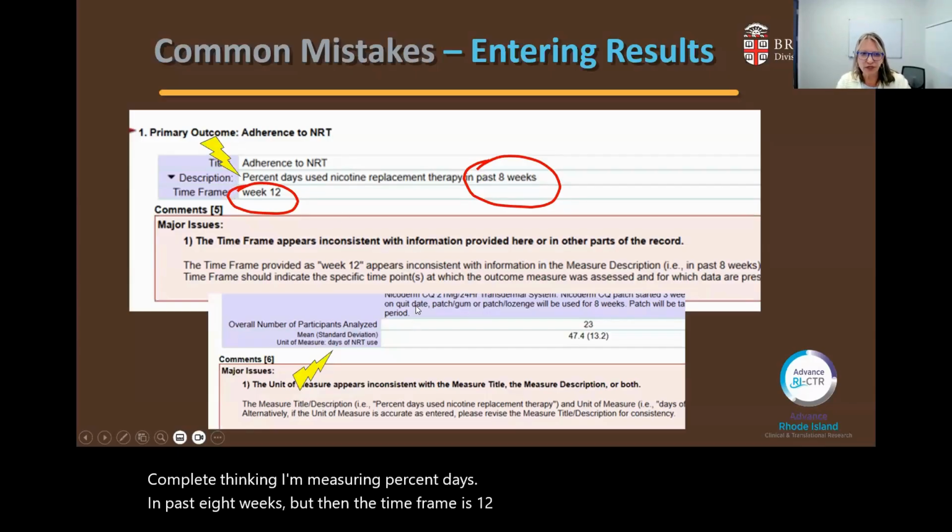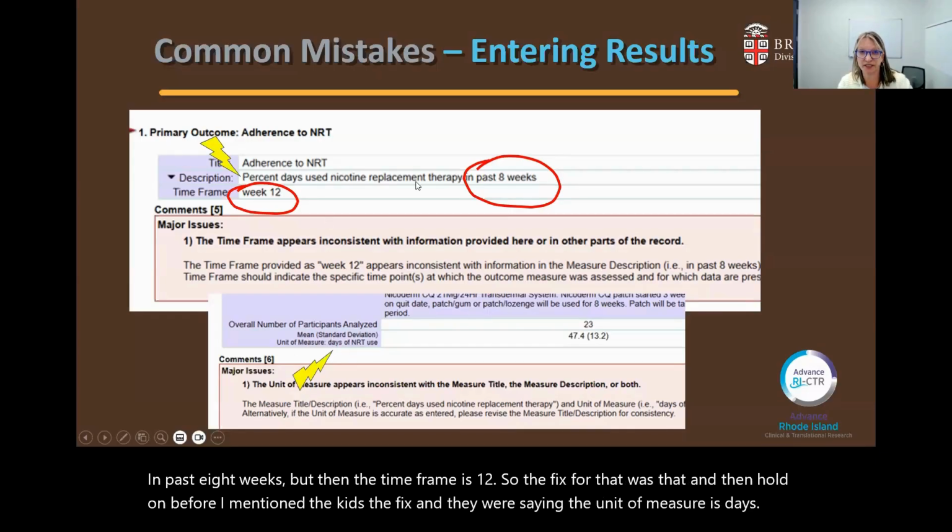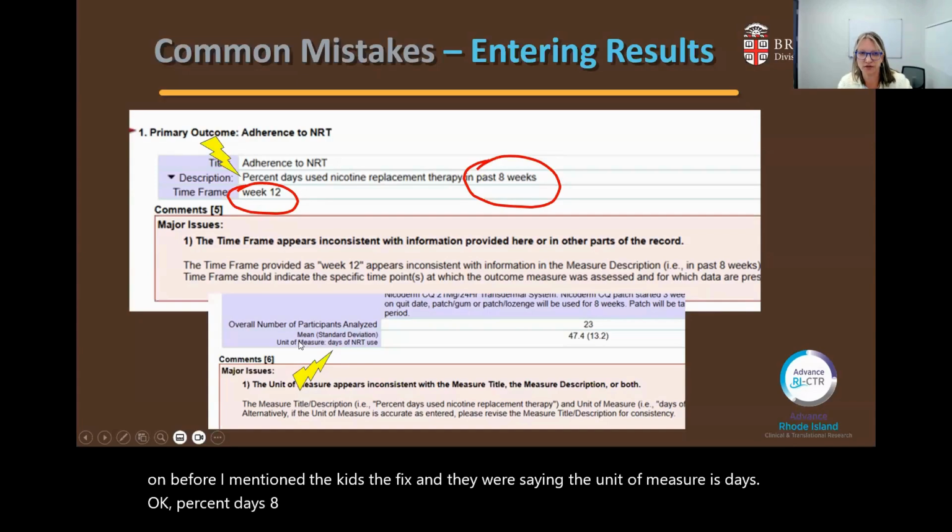So the fix for that, and then we're saying the unit of measure is days. Okay, percent days, 8 weeks, week 12, unit of measure days.